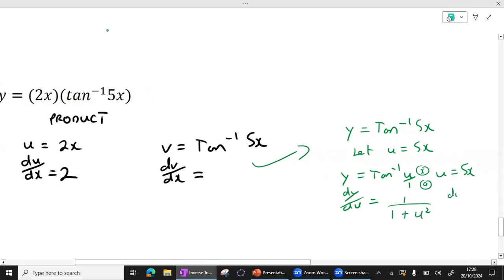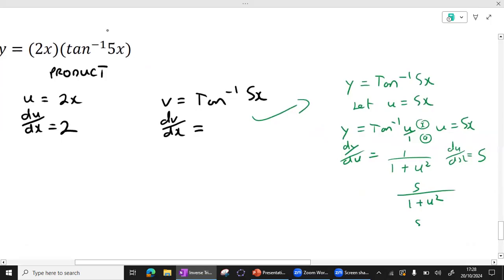My du dx is simply 5. So when I piece it back together, it's 5 over 1 plus u squared, and then the u is 5x, so I'm just going to fill that back in, 1 plus 25x squared. Remember, it's u squared, so I'm squaring the 5 and the x. So that's what goes back in here.